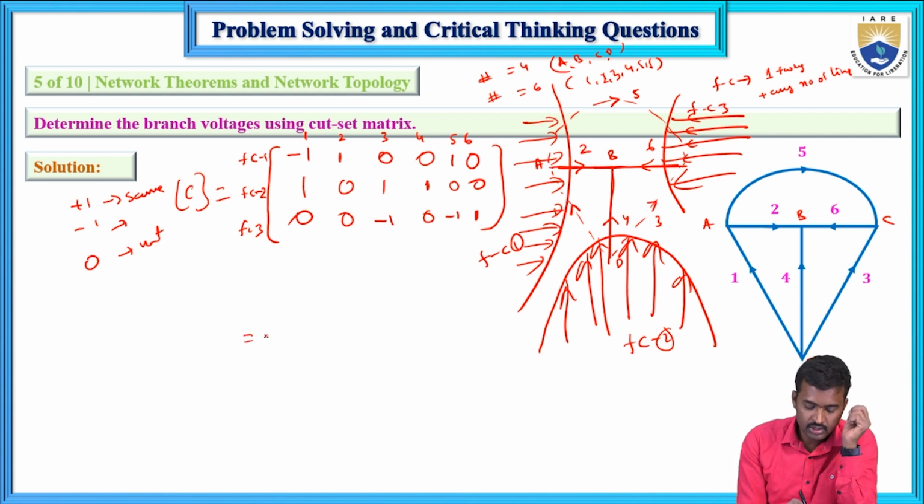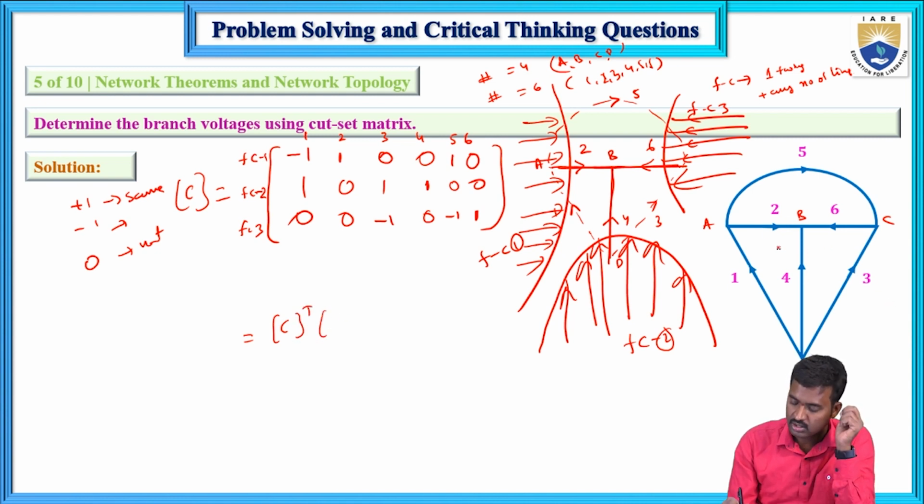Here this is the C transpose into cut set branches. Here the cut set branches are VT2, VT4 and VT6.